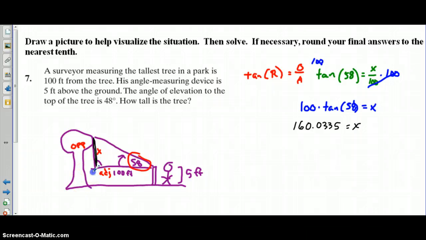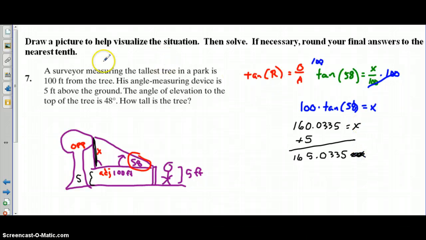However, notice we're trying to find the height of the tree, and so there's a gap between the ground and our tree. That gap was 5 feet long. So in order to find the height of the tree, we have to add the height of the surveyor's angle measuring device, and so if we add 5, we'd have 165.0335.